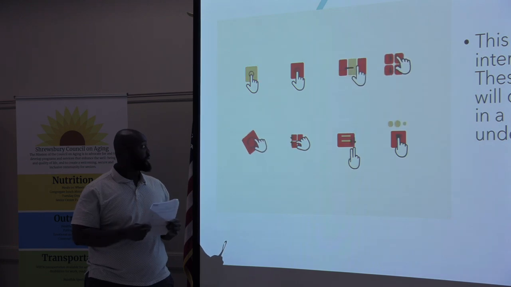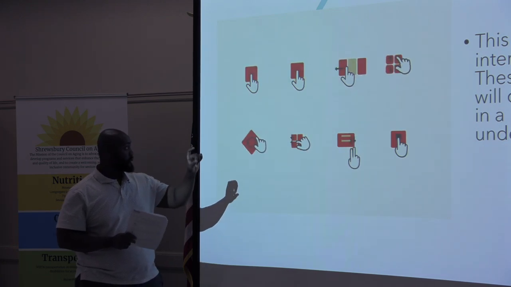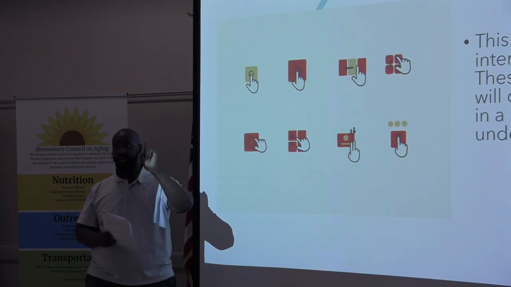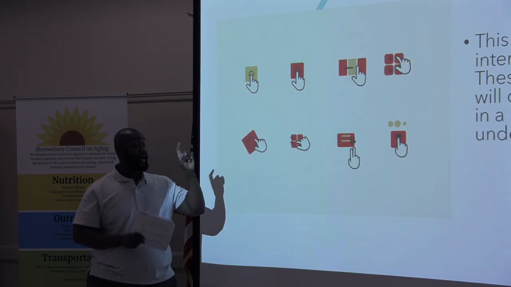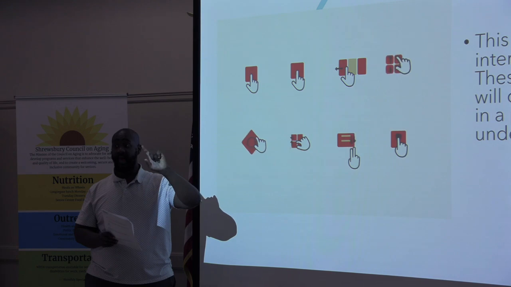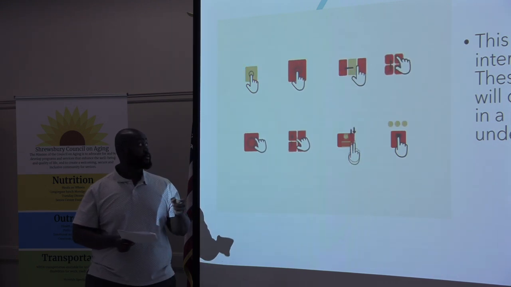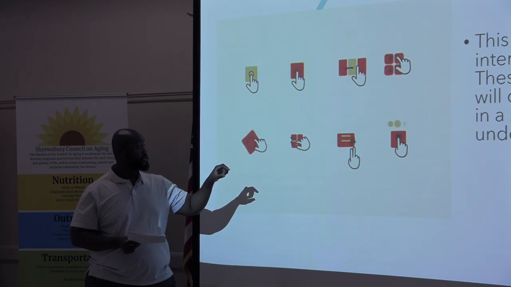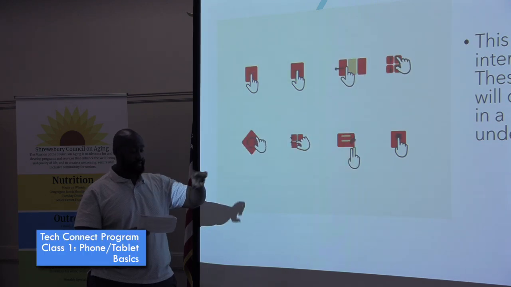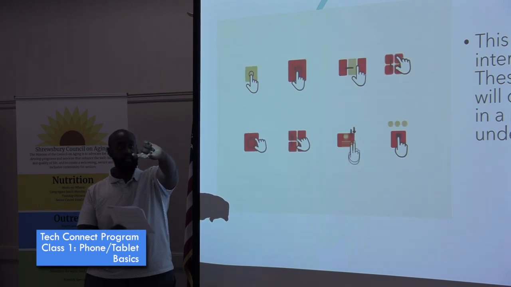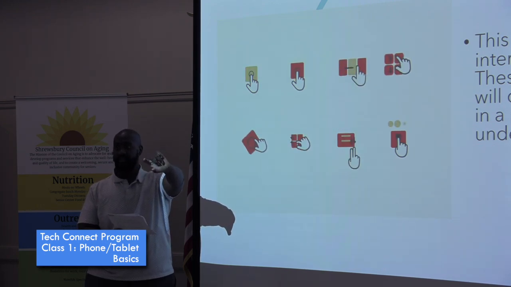And then we have the zoom or pinch. This is the most important thing. Everything that we've mentioned so far was the use of one finger. So now when you introduce another finger, that will change how your phone responds to your actions. If you use two fingers and rotate like this, you'll be able to rotate a screen or rotate a picture at times.